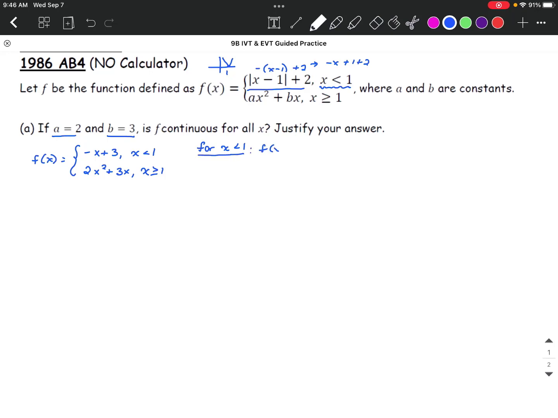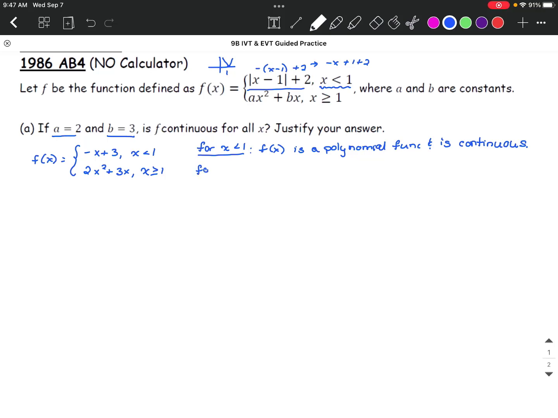That means f of x is a polynomial. It's linear. And all polynomials are continuous. So we know f of x is continuous for x less than 1.